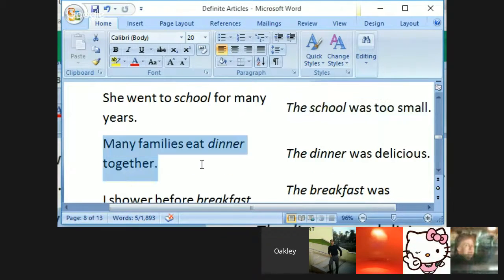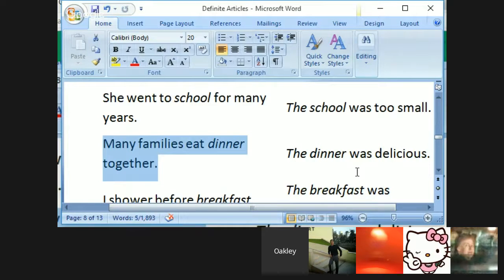Dinner. Strangely enough, here's one where we're thinking about the concept of eating that particular meal. We eat dinner at 5 o'clock. What do you want for breakfast? I had lunch already.